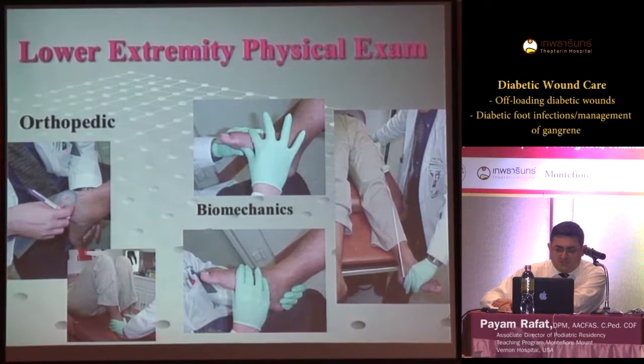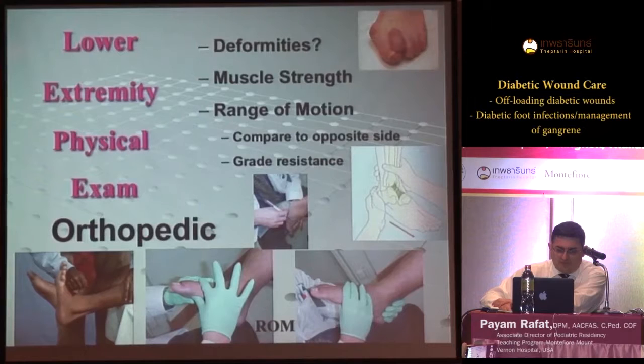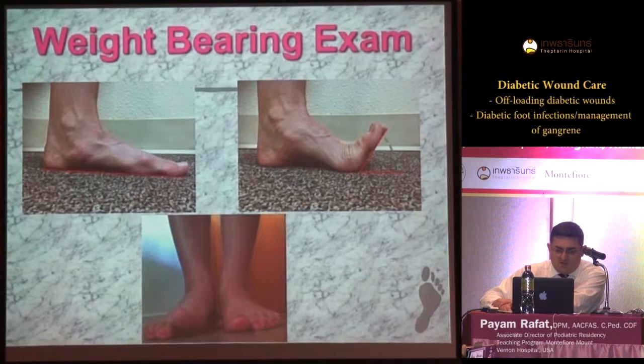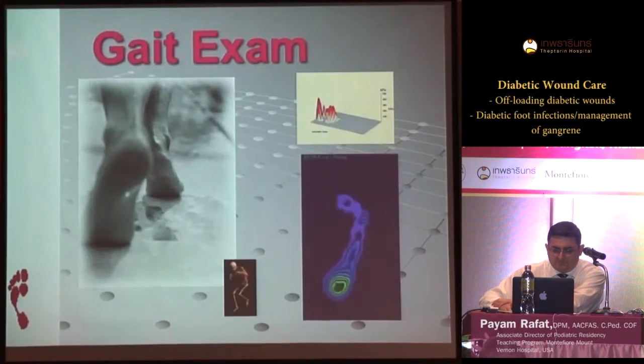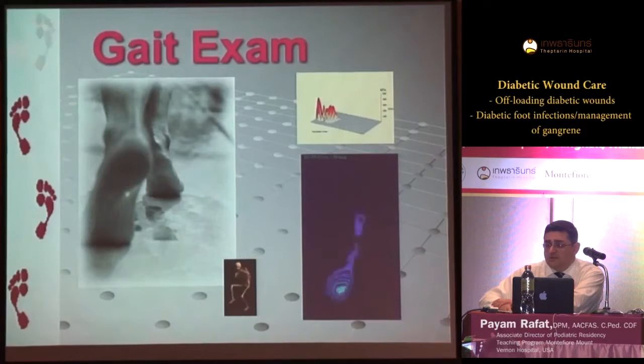Biomechanical examination is good to check for limb length discrepancy. Look for deformities. Do a muscle strength, range of motion assessment. Always have them do a weight-bearing exam. See how the joints are moving while they're actually in a weight-bearing position. It's always good to do a gait examination to see how they're walking.